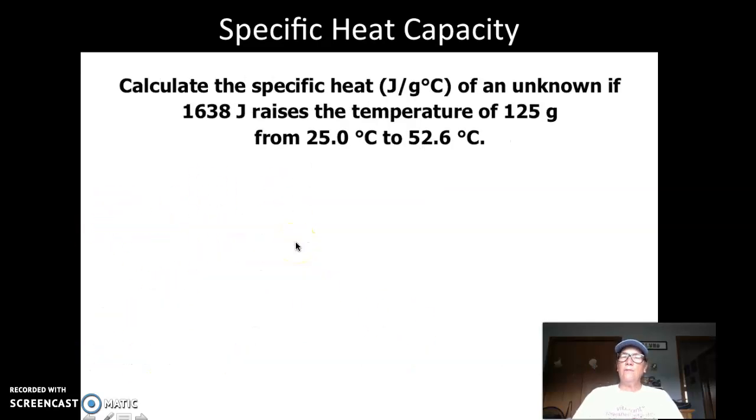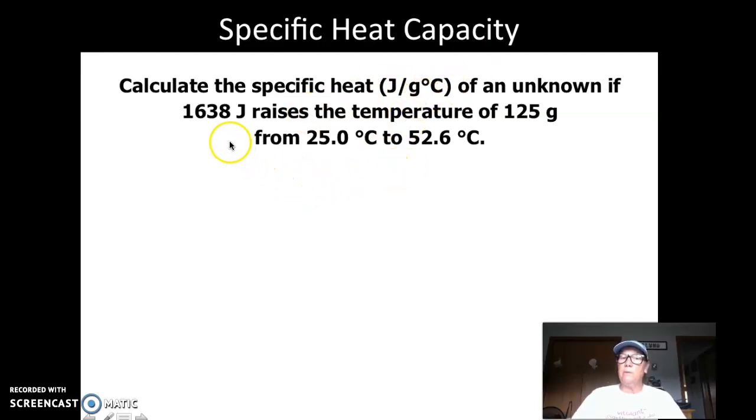What if I want to find the specific heat? What if I have an unknown substance? There is a list of all these, so you can actually identify an unknown substance if you can find its specific heat, because you do your calculation and then you look on the chart and find the metal. Here we have heat lost or gained. We know the mass and we know the change in temperature. But now we're trying to find the specific heat.